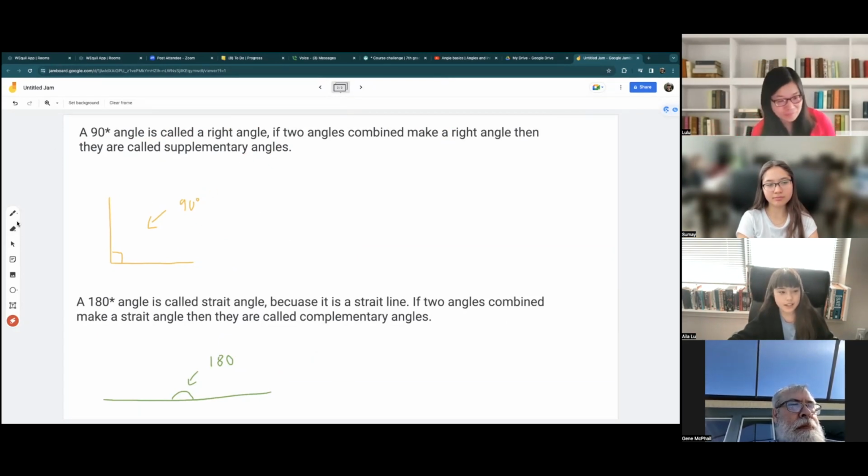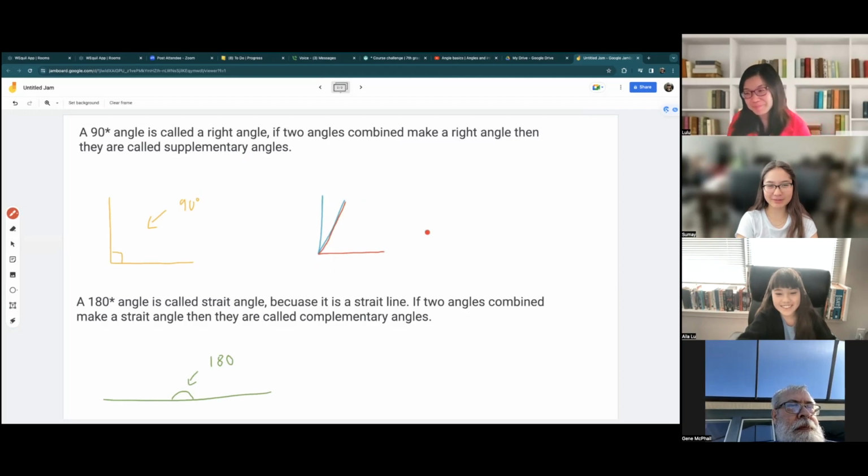So let's say you had an angle here, and then you had another angle here.